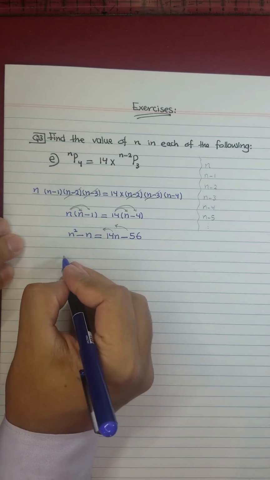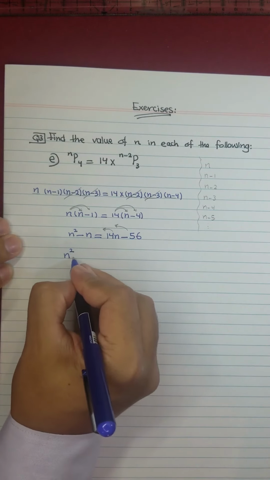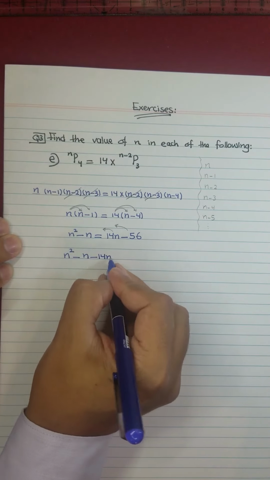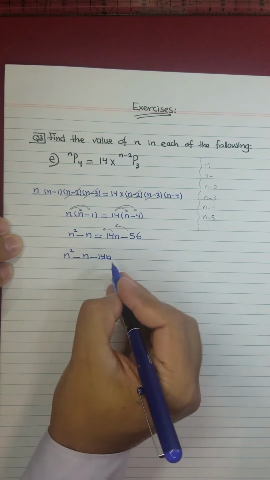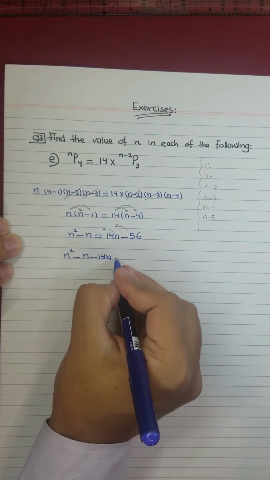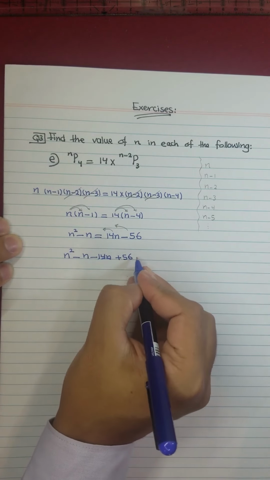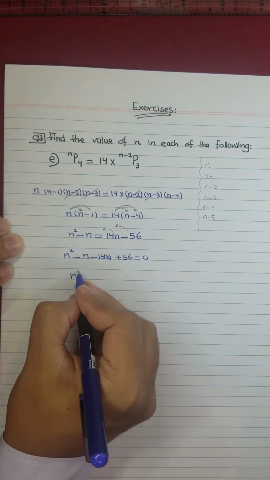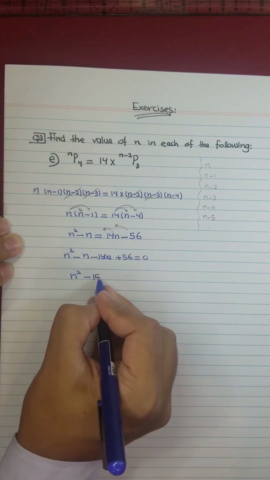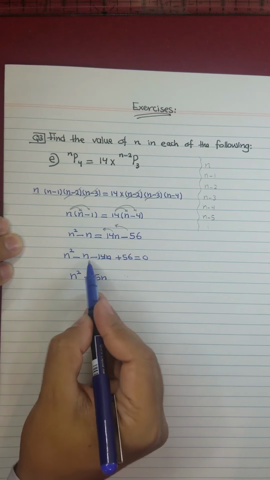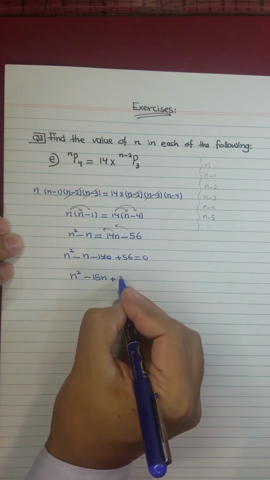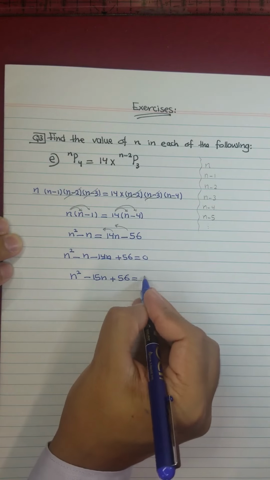So this becomes n squared minus n, then minus 14n, which was transposed from the other side, minus 14n plus 56 is equal to 0. And I apologize for this. So n squared minus 15n, since you have minus n and minus 14n, you add them together because they're both negative, plus 56 is equal to 0.